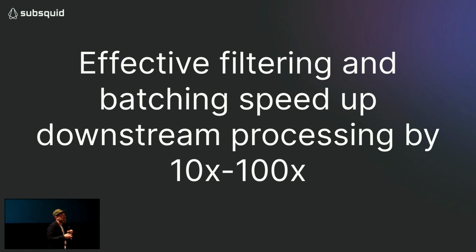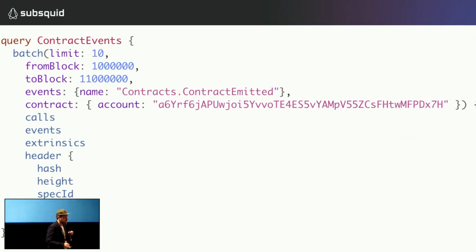But in here, you can just ask the processor a query which looks something like this, which says give me a batch of everything related to a specific contract from, say, block 1 million to 1,100,000. And then if there is a lot of information, do pagination over it. So this batching, which is super fast compared to direct access to the blockchain node, allows all the downstream processors and transformations to pick up this data very efficiently.